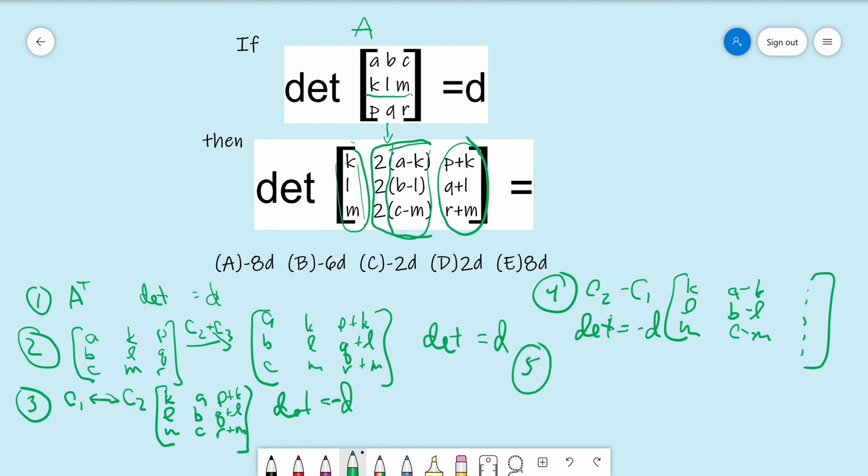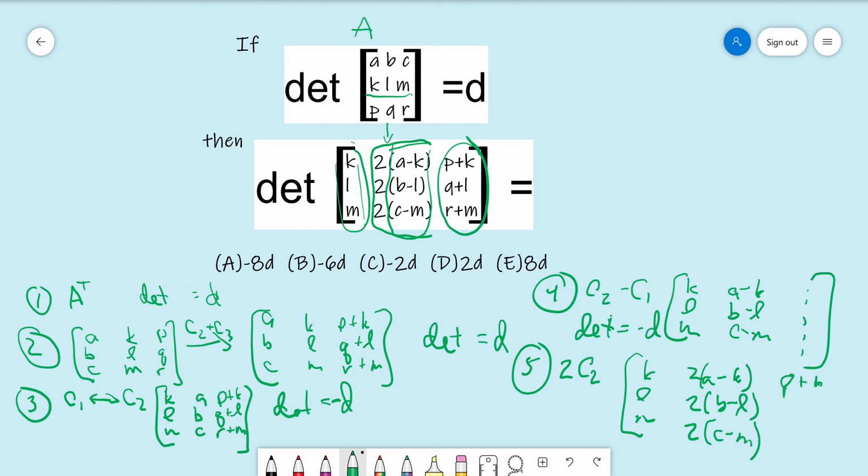We're almost there. One more step, we have to multiply the second column by 2. So we're going to do 2 times column 2. The first column stays the same. We're going to have 2 times A minus K, 2 times B minus L, and 2 times C minus M. And the third column is going to stay the same. I'm going to write it out this time.